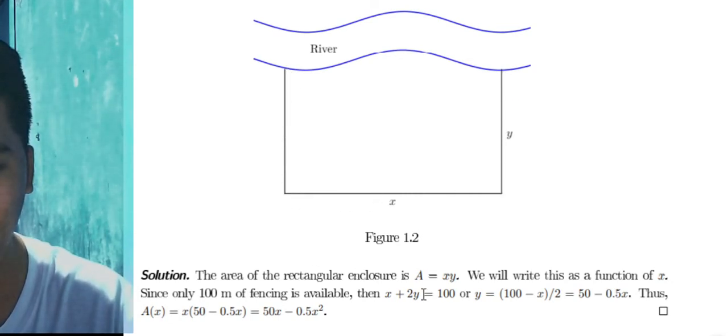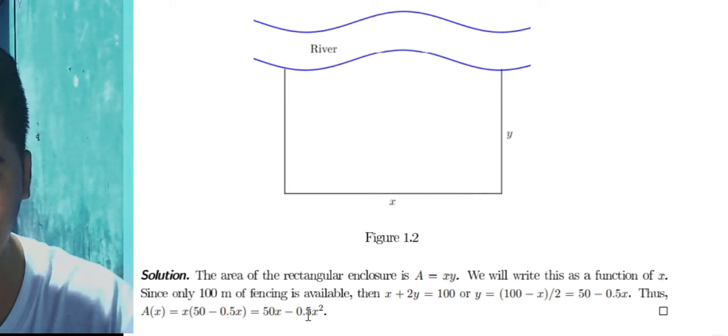Now we're going to use the perimeter formula in order for us to find the y value. So x plus 2y is equal to 100.